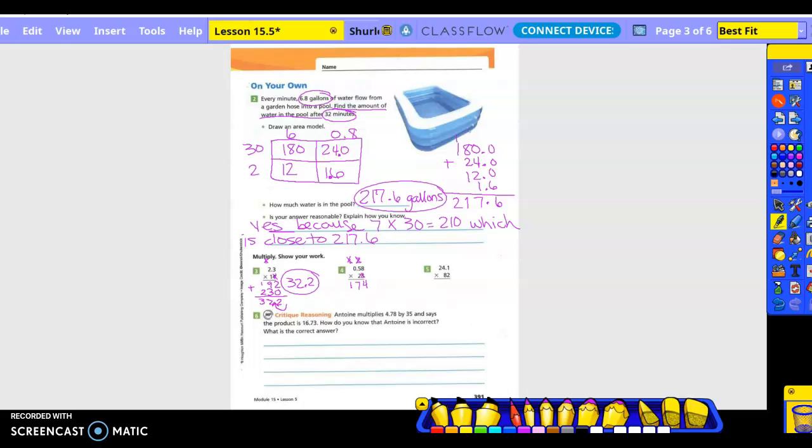Mark off our 1 spot and put a 0 so we can move to the 10th spot. 2 times 8 is? 16. Carry the 1. 2 times 5 is? Plus 1 is? Carry the 1. 2 times 0 is? Plus 1 is? And then add. 4. 7 plus 6 is? Carry the 1. 1 plus 1 plus 1 is? Bring down the 1. How many decimal places do I have?